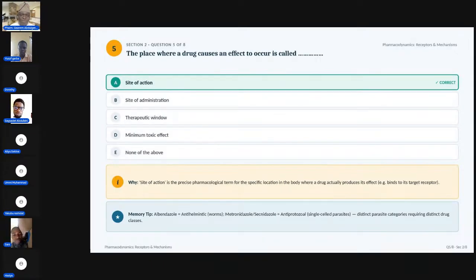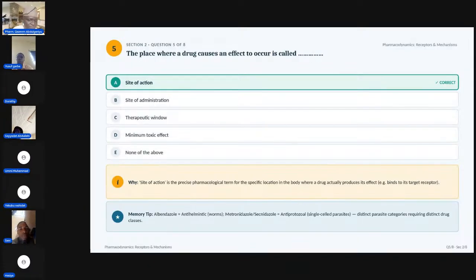And then the next question says: the place where a drug causes an effect to occur is called what? I want you to remember now, when a drug binds to a receptor site, it gives us a response and we say that drug is an agonist. When something else binds to that same receptor site, it doesn't give us a response. But the response that we are looking for, where does that response take place? Is it the site of administration? No. What is the therapeutic window? The therapeutic window is not this.